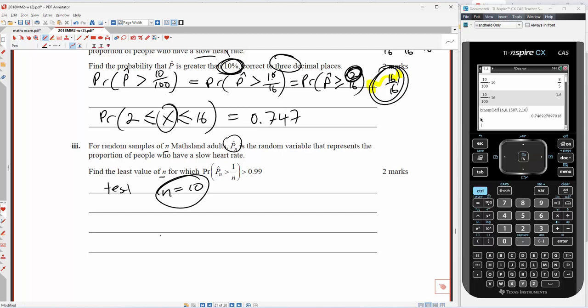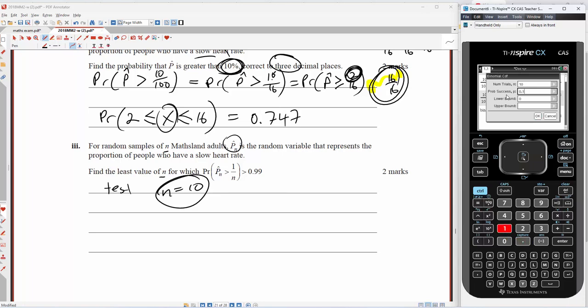So what I'm going to do is test it over here. I'm going to go to CDF again. There it is. So we're doing this 10 times. We need to survey 10 people.